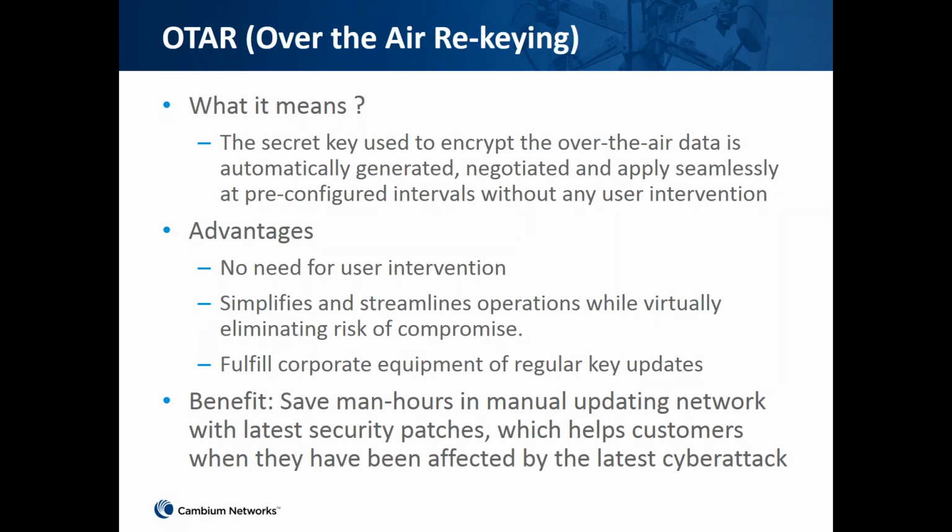Without user intervention, it streamlines the process and eliminates the risk of compromise. For example, if you make a mistake providing a secret key, or you just forgot one link and you've done the rest of your network, maybe you've updated 200 links but forgot the one radio link, and that's vulnerable. It's really hard to keep track of all that.